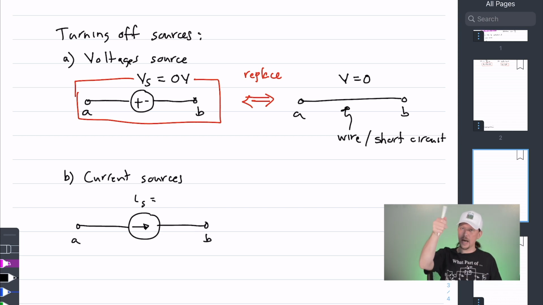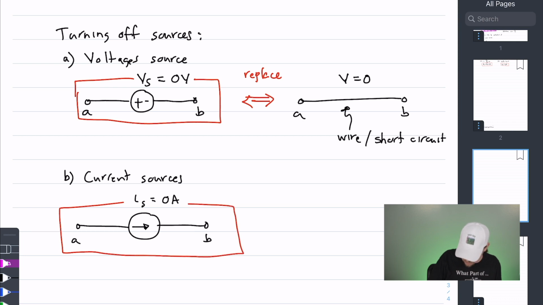However, if I turn the dial on that source all the way down to 0 amps, there is only one equivalent circuit that guarantees that the current flowing through its terminals is absolutely 0, and that happens to be an open circuit.